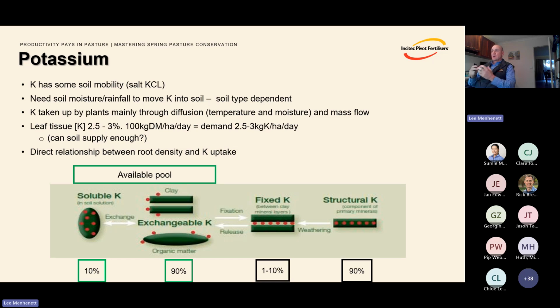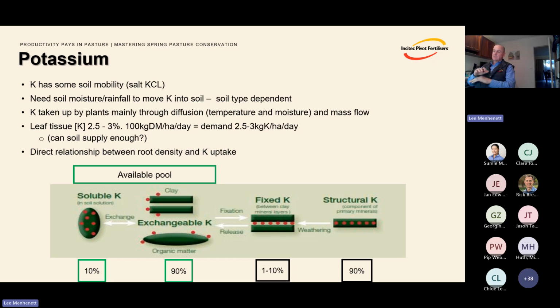Where you've got greater root density in the soil, you're going to get greater K uptake. So it depends on where the roots are and what the crop type is as to whether you're going to get enough K uptake from that component of the soil where the roots are active. For example, if you're looking at ryegrass, which has a fibrous root system, probably only 40% of the total K would be sourced from the subsoil.